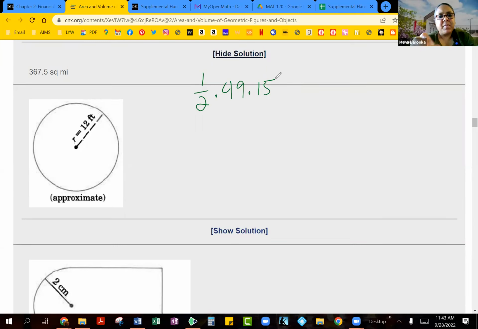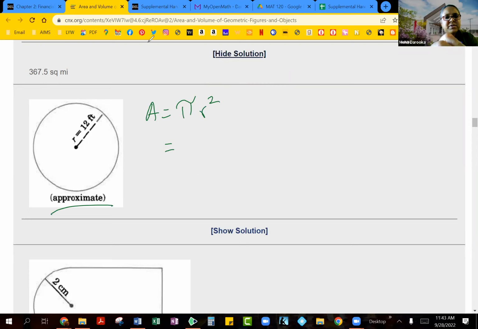Okay, all righty. So area of a circle, remember, is pi r squared. Since they want the approximate answer, they're telling us here, remember for pi, we use 3.14. And then the radius is given to us as 12, so that's going to be 12 squared.